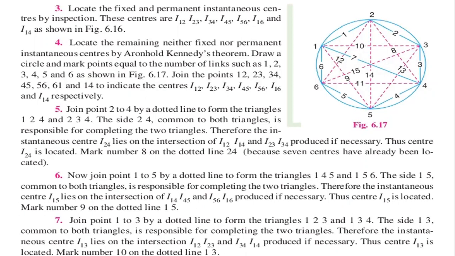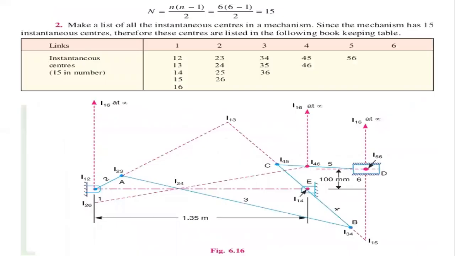We locate these points by inspection. These centers are I12, I23, I34, I45, I56, and I16, the continuity centers. That is, from 1 to 2 is 1 2, 2 to 3 is 2 3, 3 to 4 is 3 4, 4 to 5 is 4 5, and 5 to 6 is 5 6, and I16, and I14 as shown in the figure. These are all the fixed and permanent instantaneous centers.